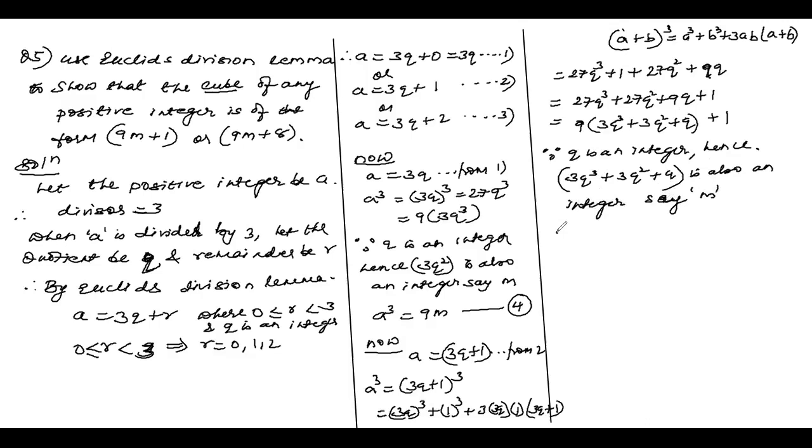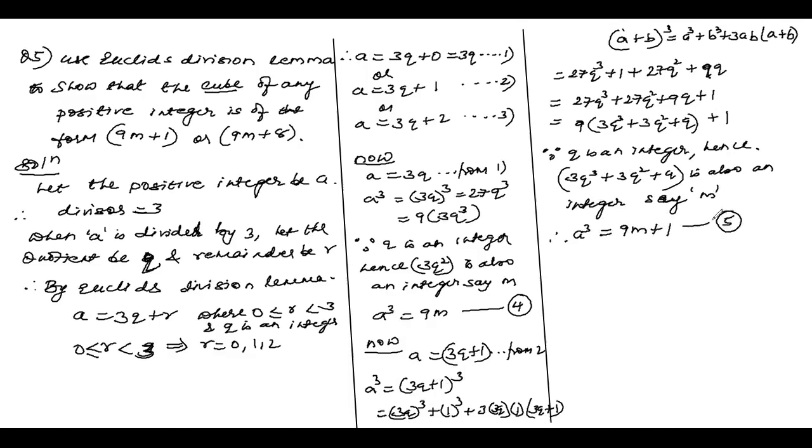Therefore, what do you get, children? Therefore, a cube, which is (3q plus 1) the whole cube, I can say is 9m plus 1. I call this statement 5.